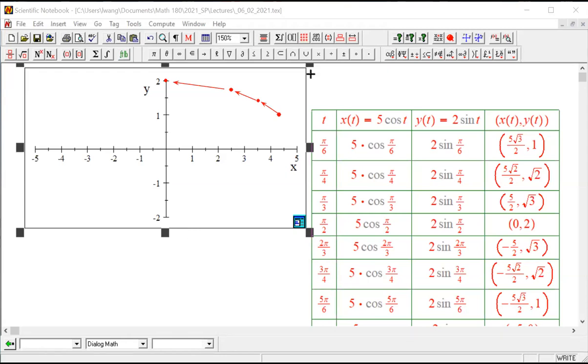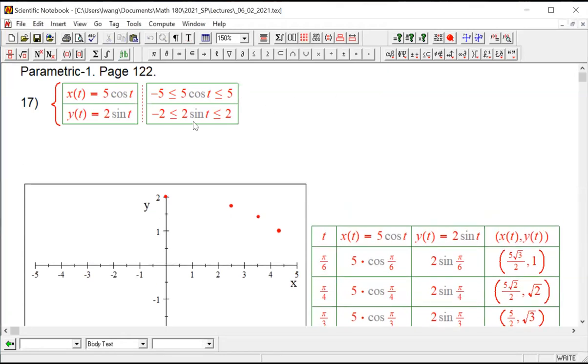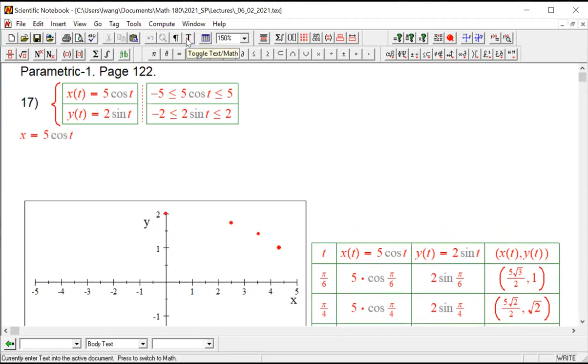Algebraically, how do we identify the curve? Did you guys get the technique? So we basically have x equals 5 times cosine t, y equals 2 times sine t.